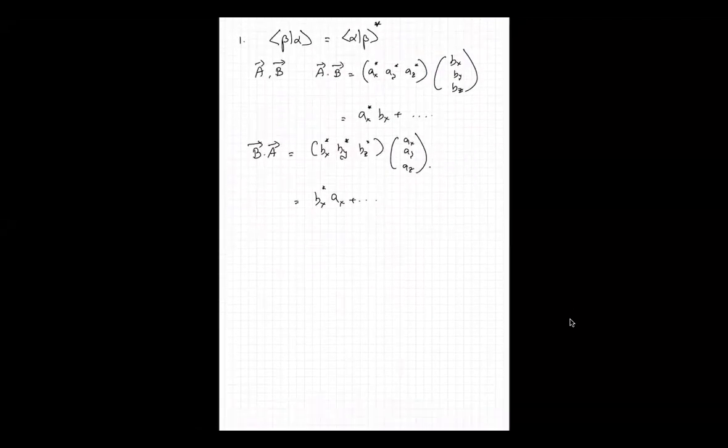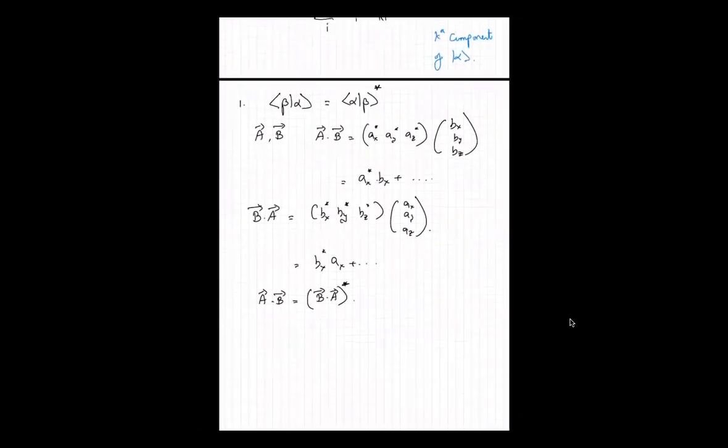So you can clearly see from this example that A dot B is the same as B dot A complex conjugated. Because B dot A has BX star AX, A dot B has AX star BX. So if I complex conjugate B dot A, I get BX AX star, which is exactly what A dot B has. So this is always true: the inner product should always satisfy this particular rule, which says that if I interchange the order of vectors in the dot product and complex conjugate, I should get the exact same answer back. Okay?